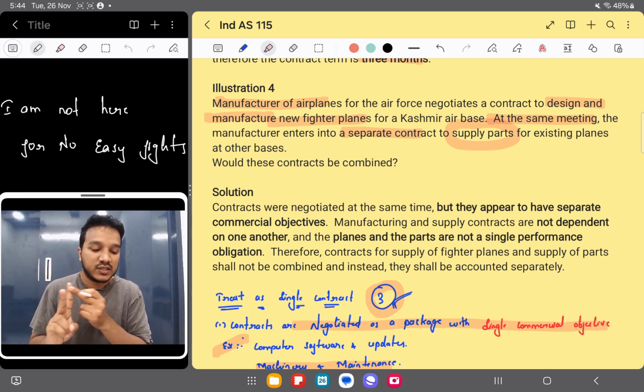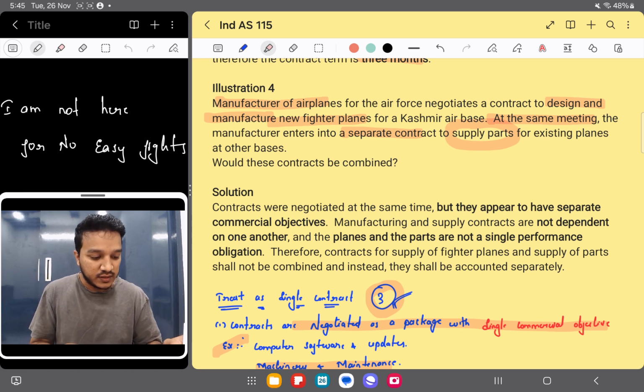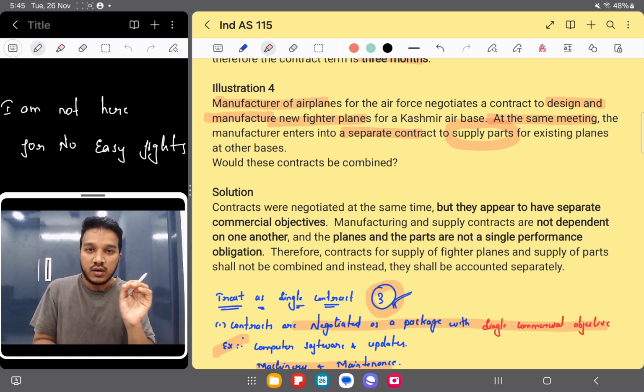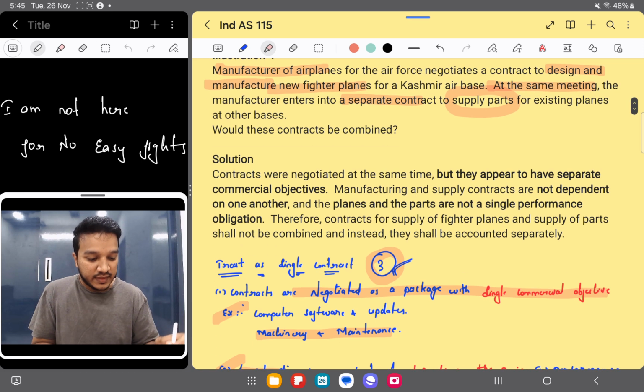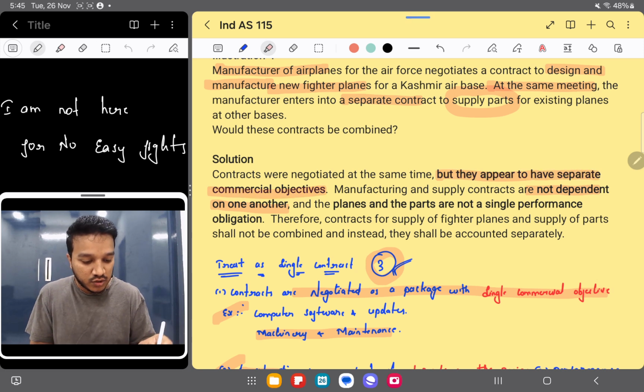The first obligation is to design and manufacture, and the other is to supply parts. If you see, they both appear to have a separate commercial objective. They do not appear to have a single commercial objective, and they are not dependent on one another.